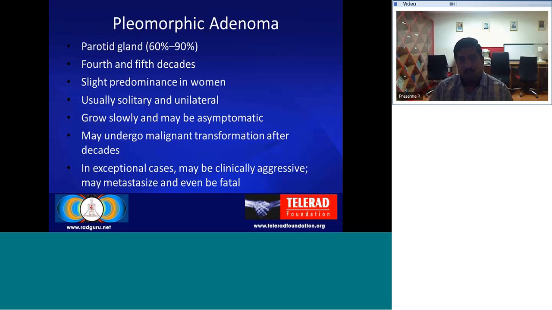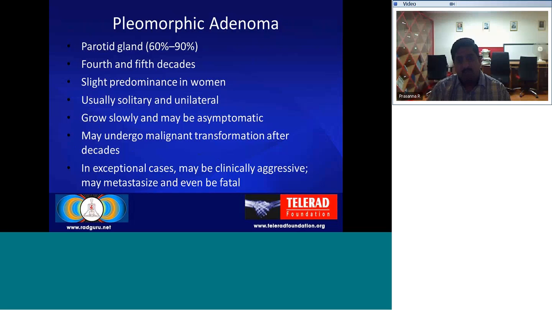the benign lesions. So pleomorphic adenoma, as you know, is the most common benign lesion of the salivary glands. It affects the parotid glands in 60 to 90%, and there's a slight predominance in females in the 4th and 5th decades. Usually, the lesion is solitary and unilateral, grows slowly, and may be asymptomatic like any other benign lesion.